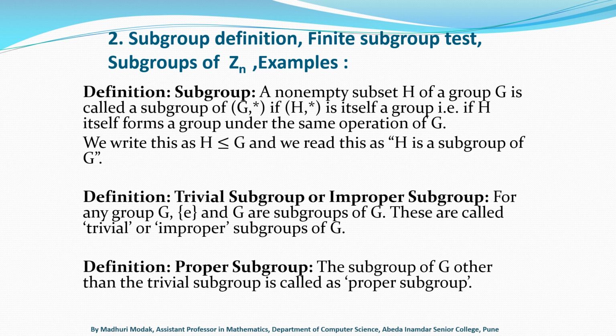If I consider the set containing 1 only, that is {1}, and the set G itself, {1, -1, i, -i}, then these are always subgroups of G. So these two are trivial or improper subgroups of G. Now, if I consider the set {1, -1}, it is a non-empty subset of {1, -1, i, -i}, and it is itself a group with respect to complex multiplication. So we can say that {1, -1} is a proper subgroup of {1, -1, i, -i}.